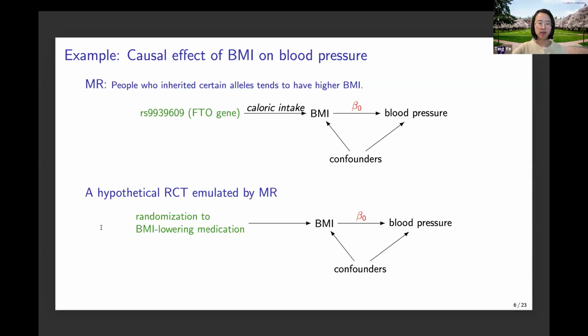In this case, you can view it as people being randomized to BMI-lowering medication. This leads to some groups with higher BMI and some groups with randomly lower BMI, and we can do causal inference of BMI on outcomes of interest.